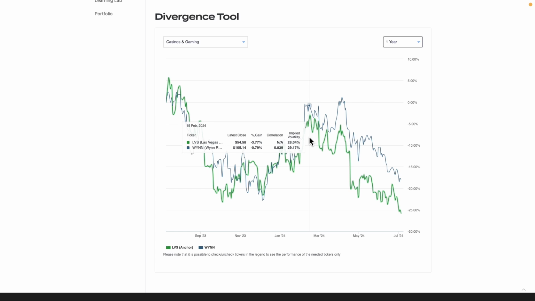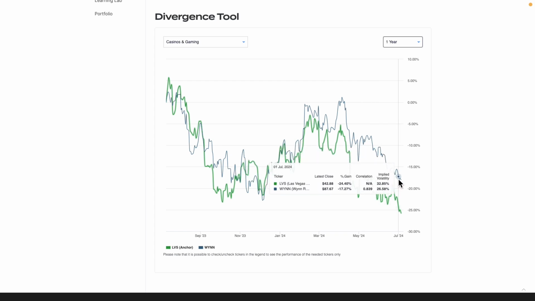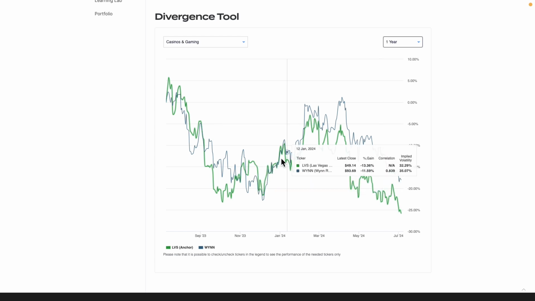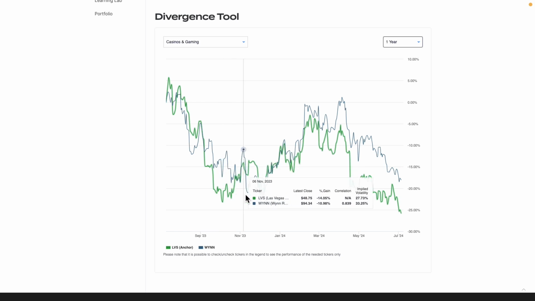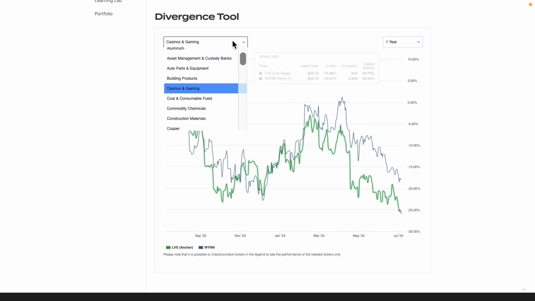And we're looking at Las Vegas Sands, LVS, against Wynn. And you can see they have pretty much the same implied volatility. Right now, Las Vegas Sands has a 33% volatility compared to Wynn's 26%. But not only are they moving together, their volatilities are also moving together.